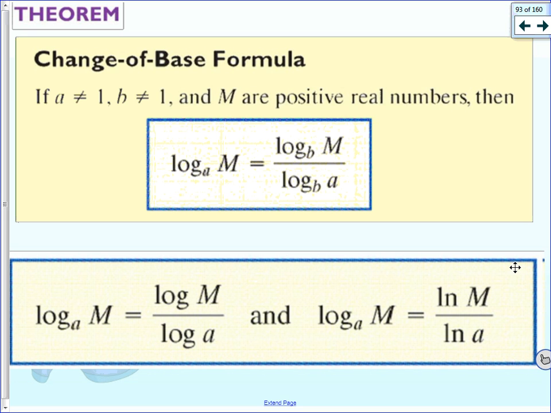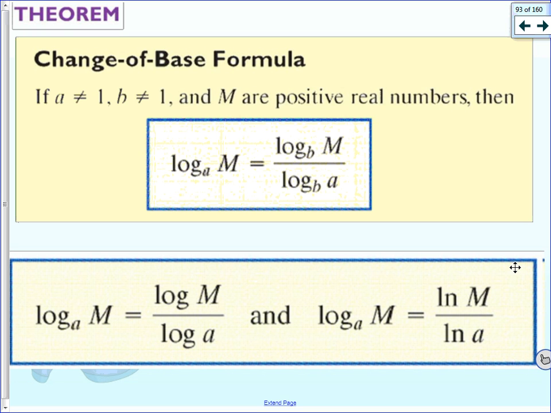So if you wanted to find exactly the log base 3 of 12, it would be the common log, for example, of 12 over log 3. That's how you change the base. Or you could write it as ln 12 over ln 3.